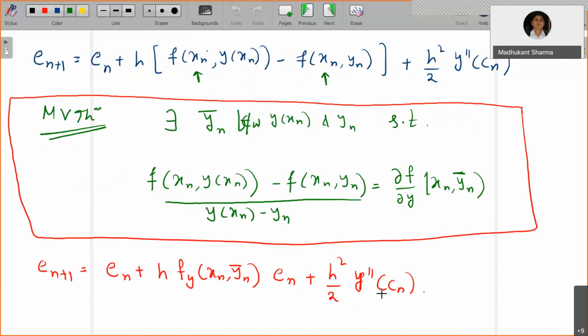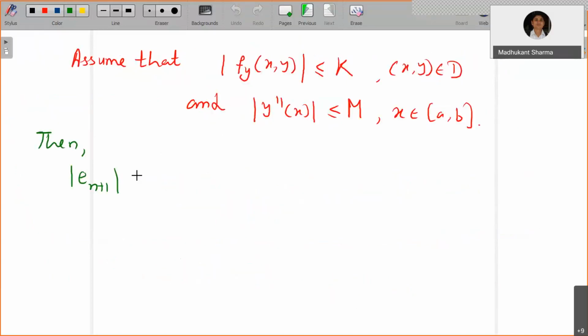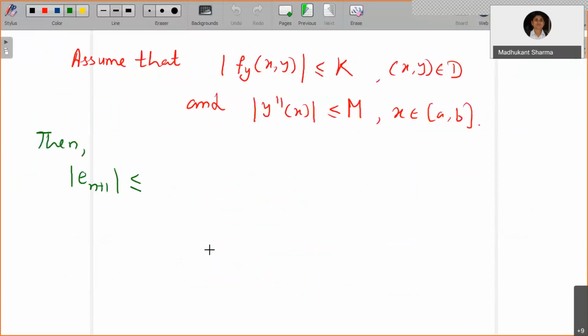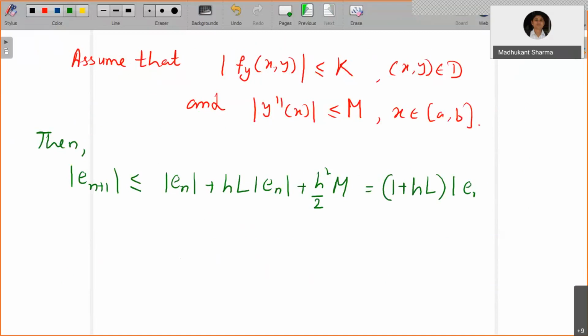So apply the triangle inequality, and then what you are going to have is less than or equal to: the first is mod E_n times (1 plus h times mod f_y, which is less than or equal to L), plus h square by 2 times M. So this is nothing but (1 plus hL) times mod E_n plus h square by 2 M. Now, this is the relation.